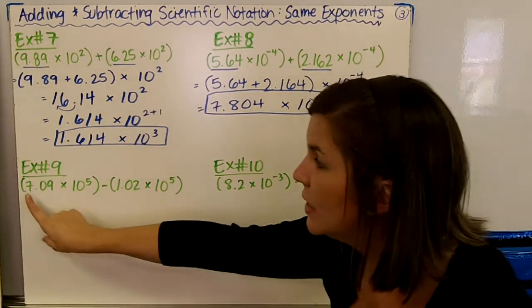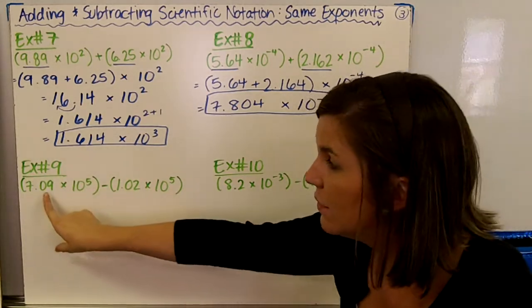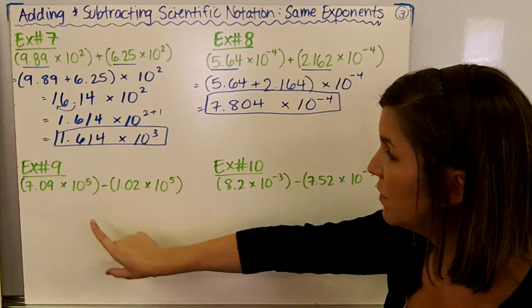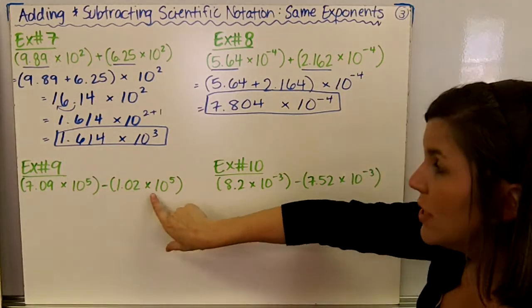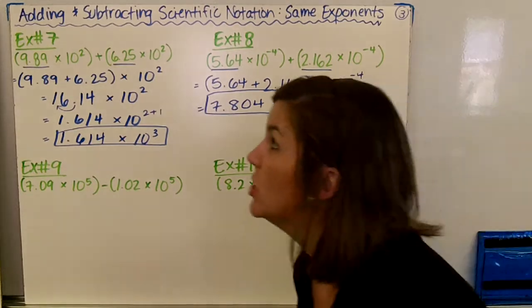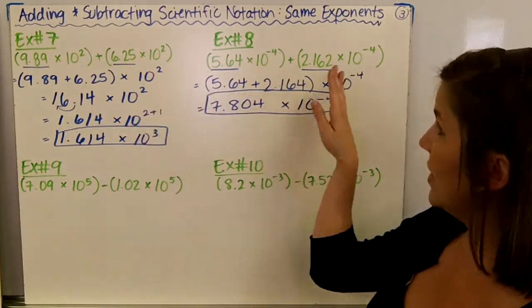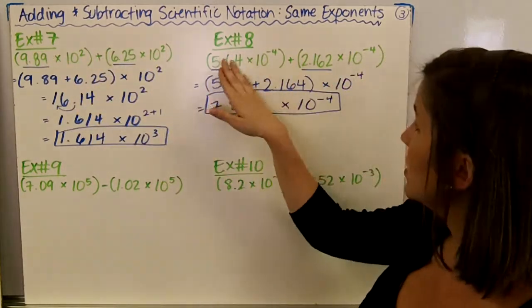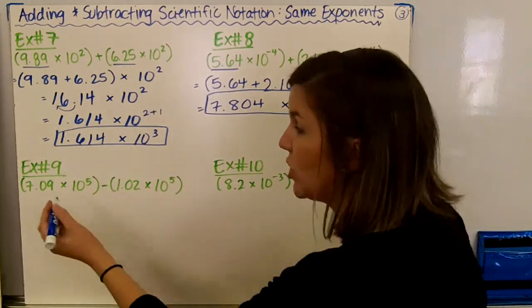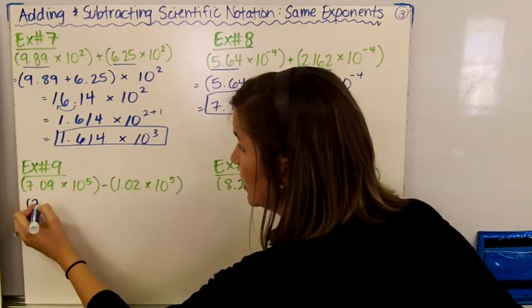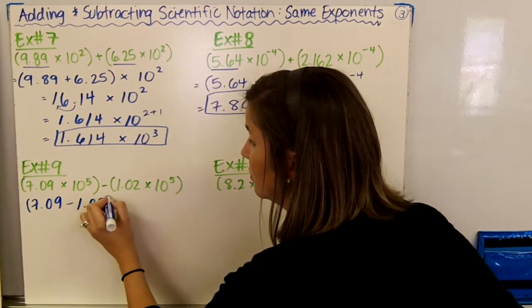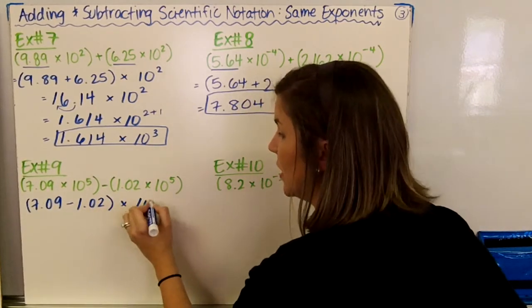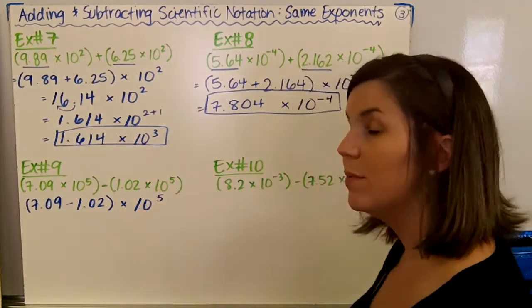Example number 9. 7.09, or 7 9/100 times 10 to the 5th, minus 1 2/100 times 10 to the 5th power. So just as we did when we were adding, we can pull these numbers out and subtract them. 7.09 subtract 1.02 times, keep the exponent the same, 10 to the 5th power.